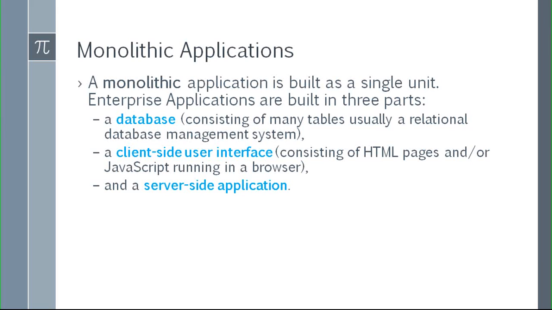And another important part of the monolithic system, the heart of the system in the architecture, is the server side, the backend. So the business capability of the system resides in the server side.